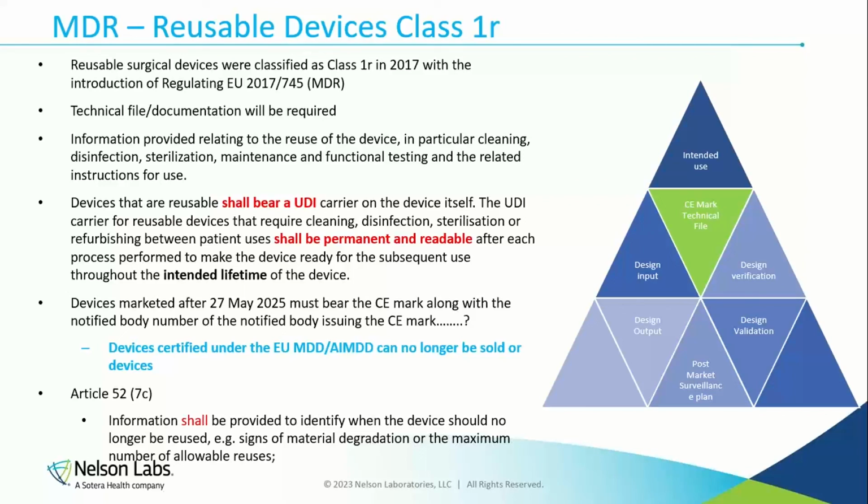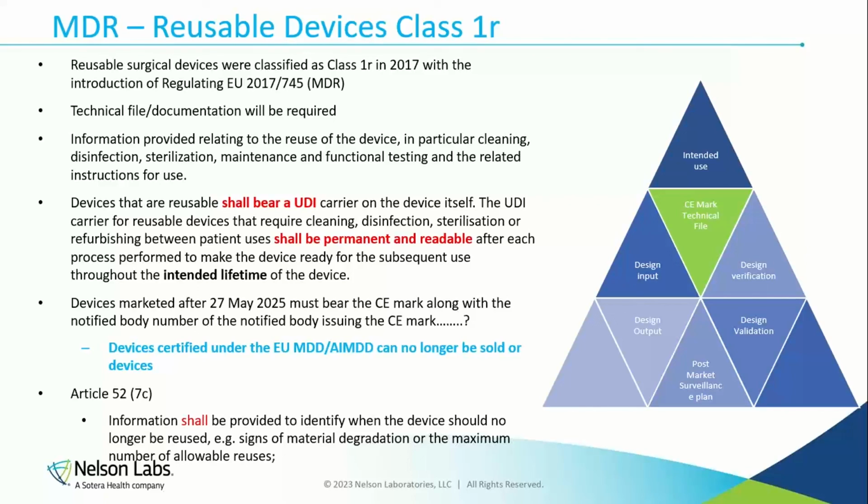And Article 52, 7C also talks about information being provided to identify when the device should no longer be reused, like I talked about. MDR also talks about that you have to have something in place in your IFU to show that this device is no longer usable.